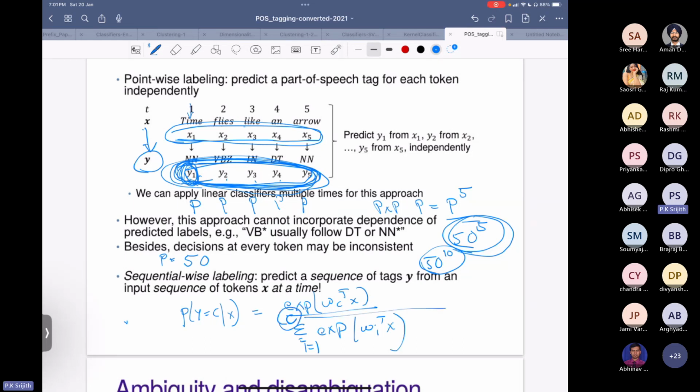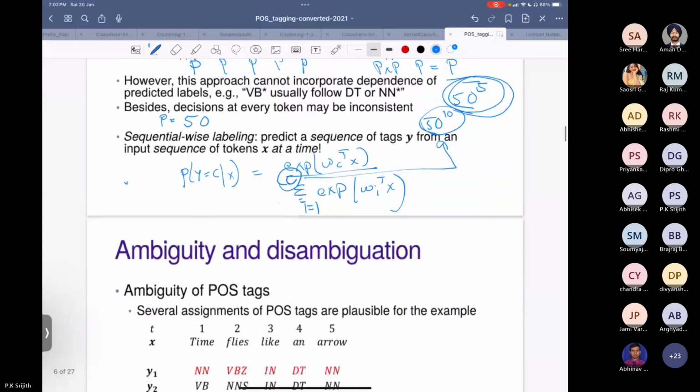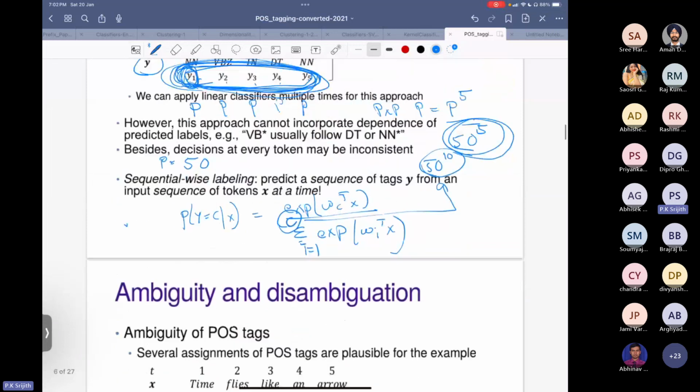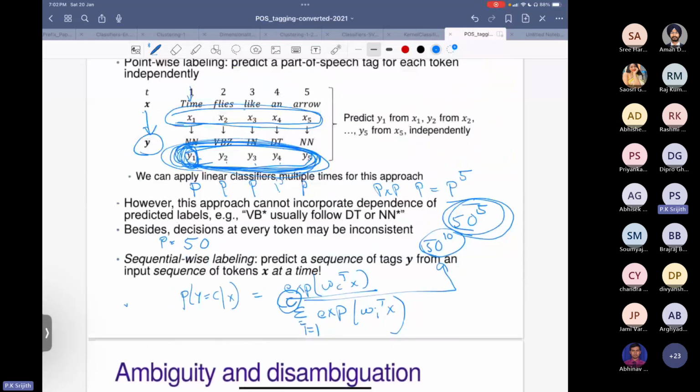And the number of different classes is going to be in the order of 50 raised to 10. So even for inference, this is very, very costly. So this is the issue in doing either of these approaches.